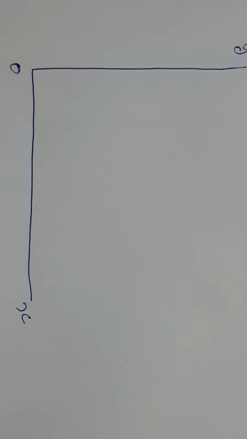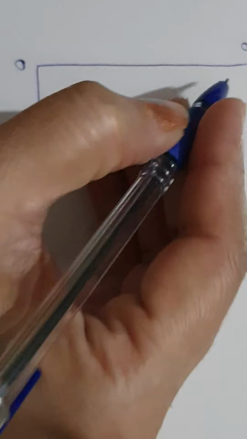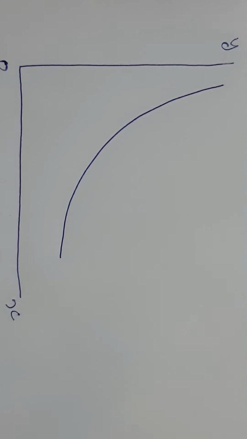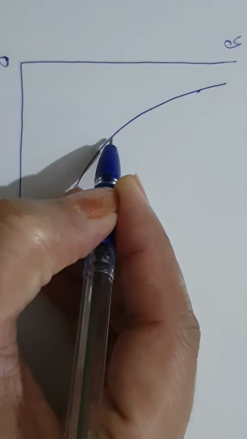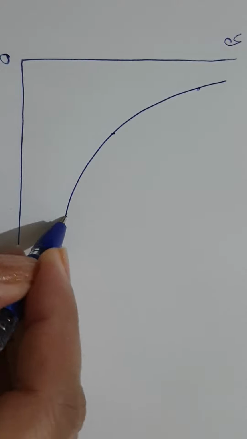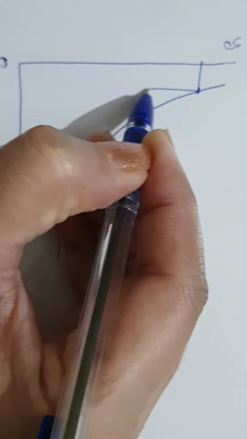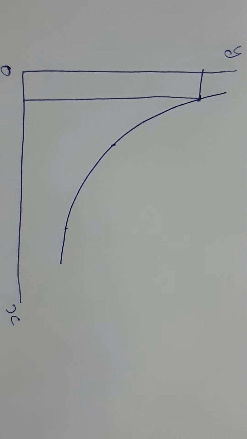So the indifference curve shows various combinations of two commodities. Let me draw the indifference curve first. So here is our indifference curve. If we see various points on this curve, these points show you various levels of Y and X.